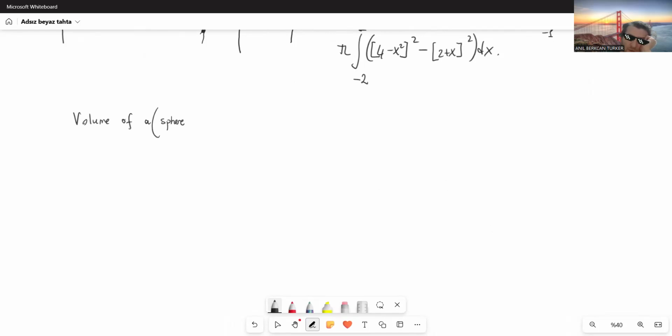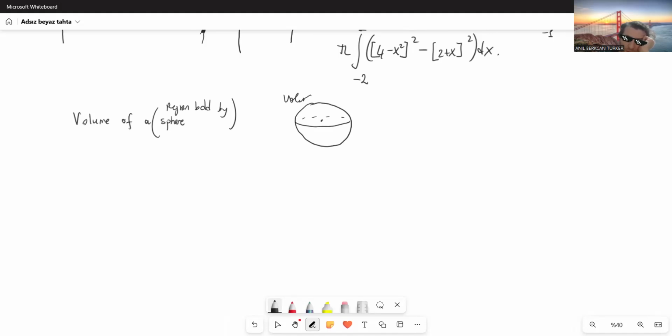Or the region bounded by a sphere. What I mean is, consider a sphere like this. We are going to find the volume of it.